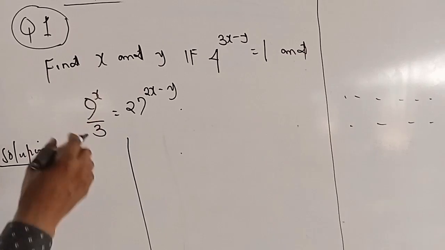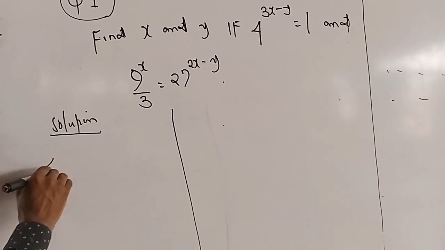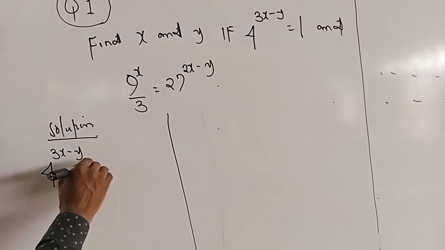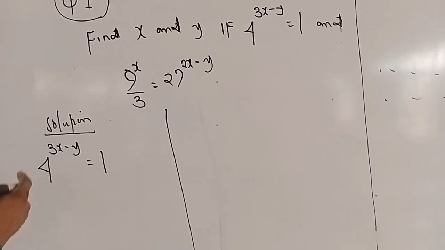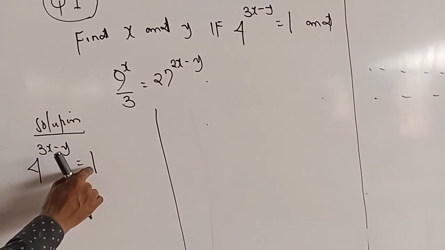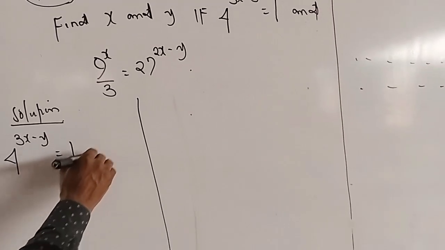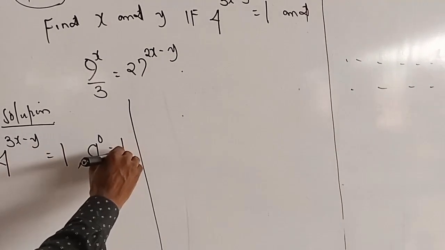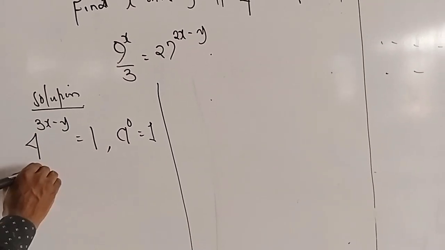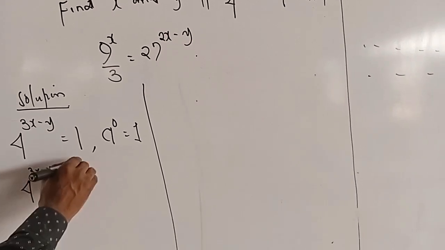So let's simplify each individual expression. For the first one, we have 4 raised to the power 3x minus y equals 1. So to do that, recall that a raised to the power 0 is equal to 1. So I can also write 1 here as 4 raised to the power 0.